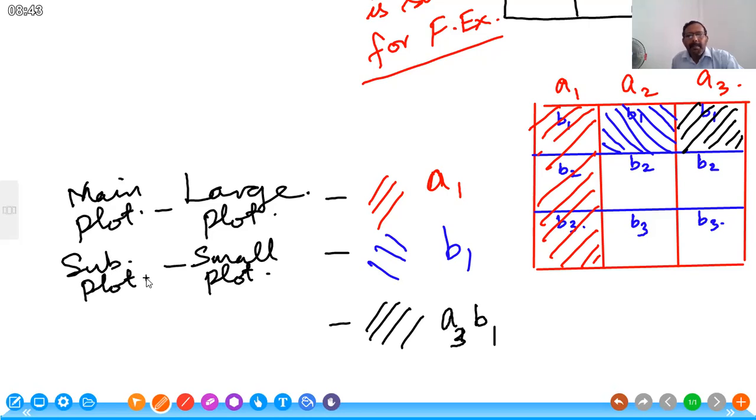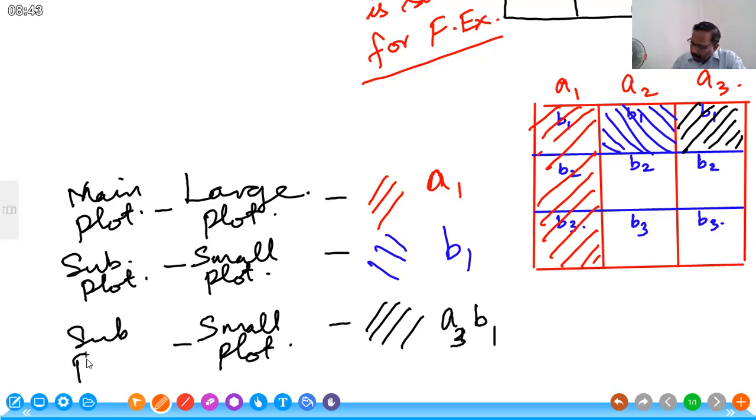What is the difference between B1 size plot and the combination of A and B? Are they the same or different? Same, isn't it? B1 and the combination of A and B are the same, so small plot. So how many plot sizes are there here?